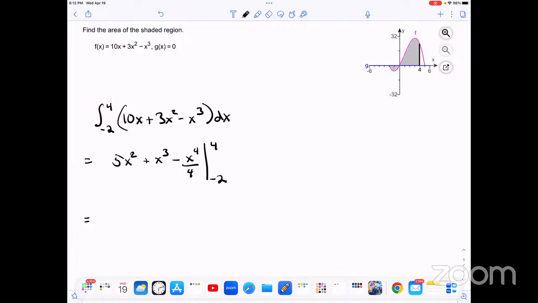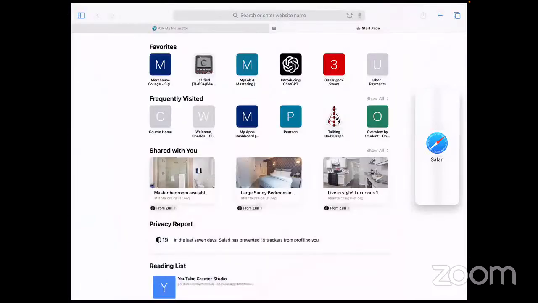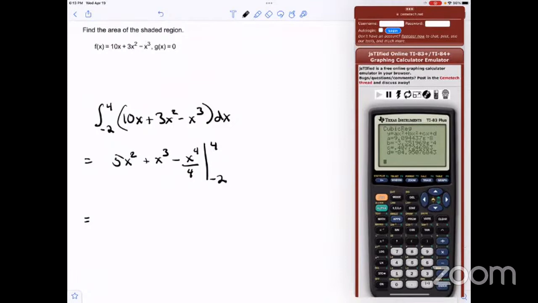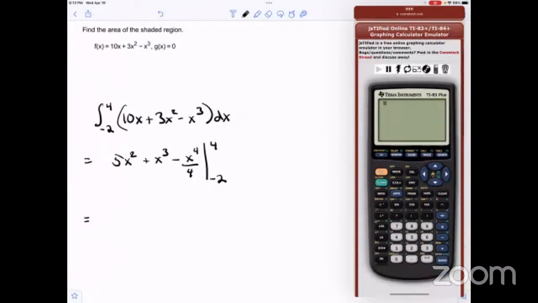So in my y equals, I'm going to put this 5x squared plus x to the power of 3 minus x to the power of 4 divided by 4, right?